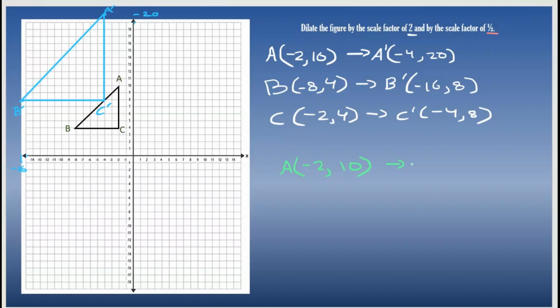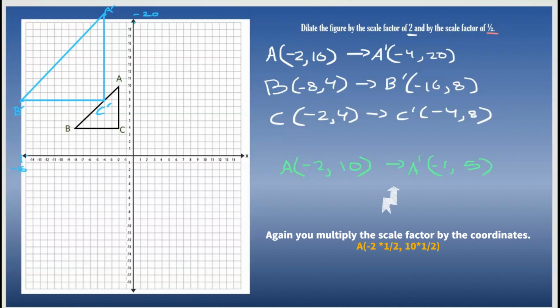Okay, I apologize for the bad handwriting again. Okay, A prime is going to be, so it's by a scale factor of a half. So negative 2 times a half would be negative 1. 10 times a half would be 5.